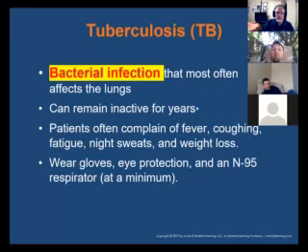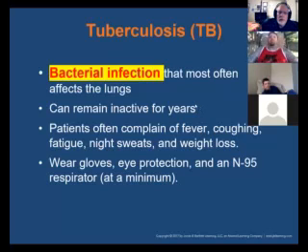And historically, TB was endemic in the U.S. and there were tens of thousands of people, even with a much smaller population. There were tens of thousands, maybe hundreds of thousands of people with TB years ago.